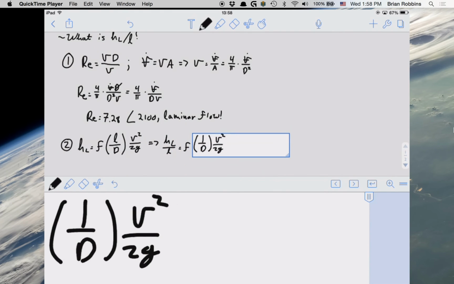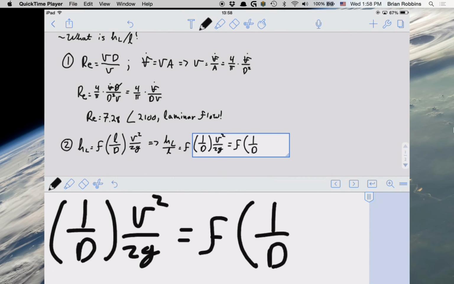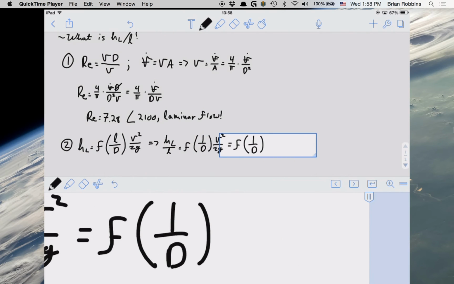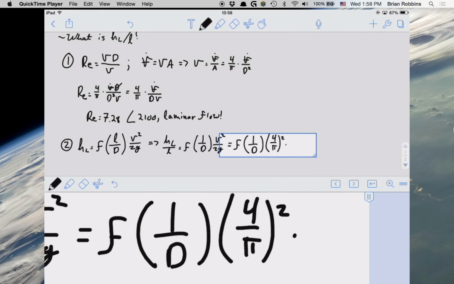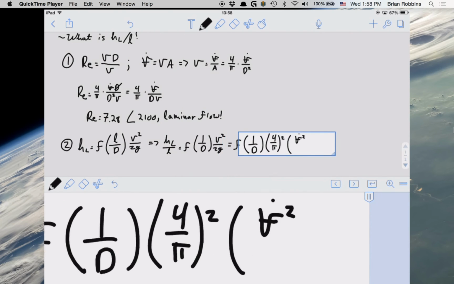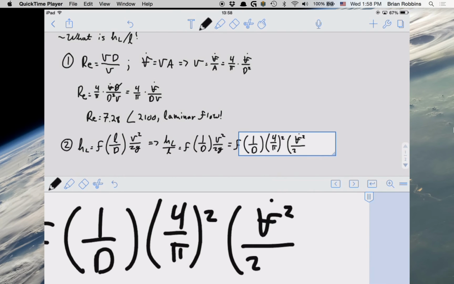What we end up getting is our Darcy friction factor times 1 divided by our diameter, 4 over pi squared, times the square of our volumetric flow rate divided by 2G, d to the 4th.